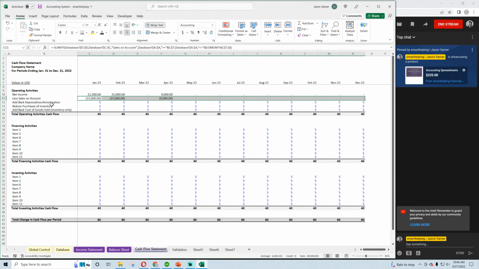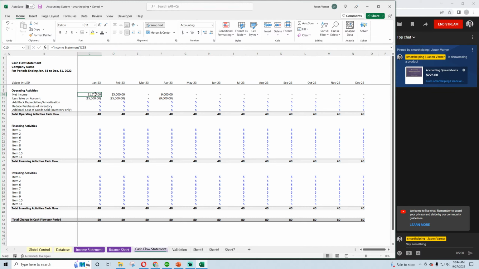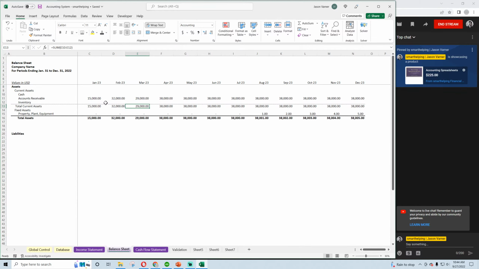However, the income already includes all the sales that we actually made, whether they were collected or not. Reduce this, and then when they actually get collected, what happens is the balance sheet accounts receivable will go down. Cash goes up.